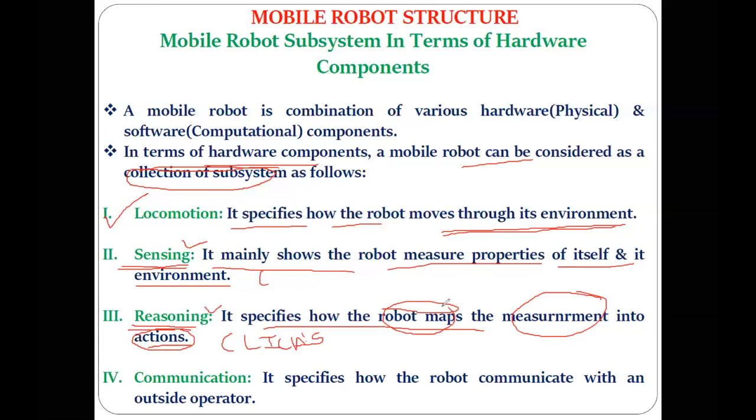Mapping the measurements into the action. The action depends on the data, that is, the parameters taken by the sensors. Correct. The information received through the different kinds of sensors and other devices, with the help of that information, which action is to be chosen is specified by this reasoning subsystem.